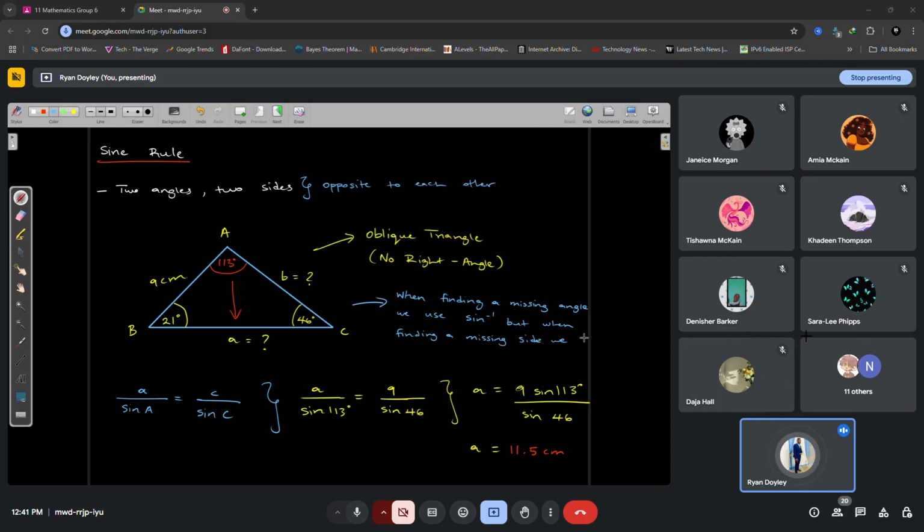When finding a missing side, we simplify. So if we're trying to find a missing side, we don't need to go to sine inverse. Only when we're finding the missing angle. Okay, thank you, sir.